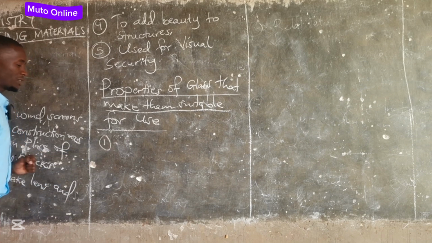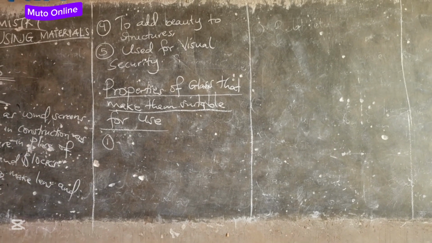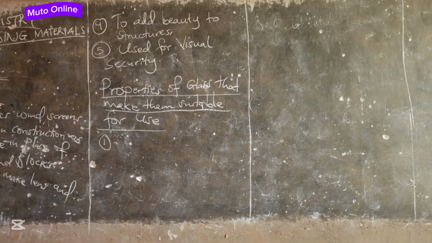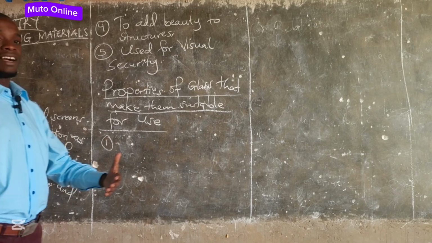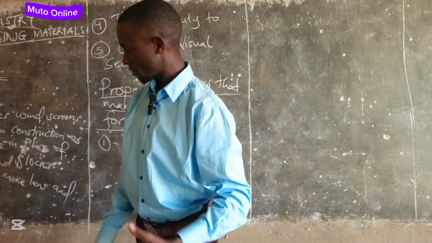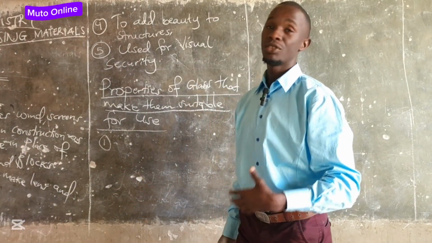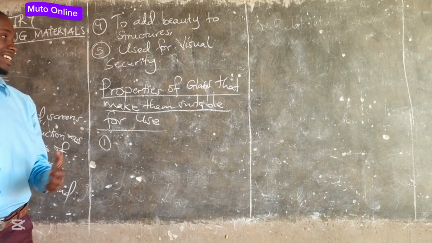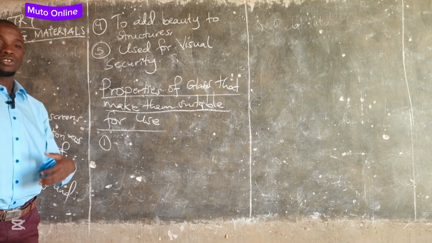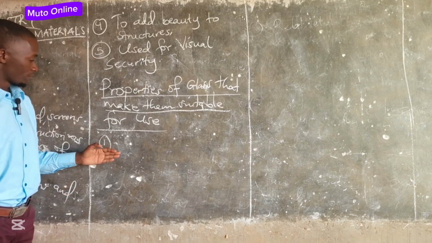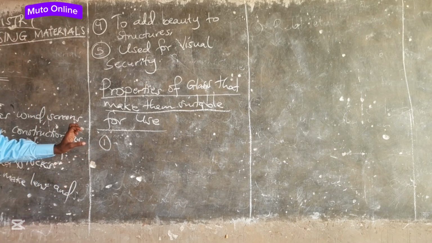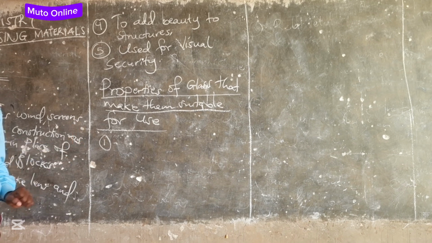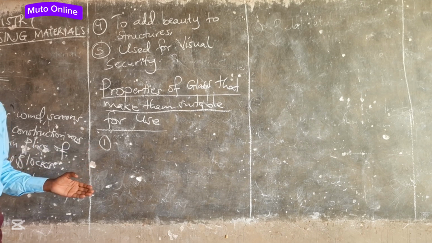To continue with our business, we are giving some of the properties that make glass a suitable material for use. We've ever seen glass. The glass we are talking of is widely used, and we are going to see why they widely use glass.